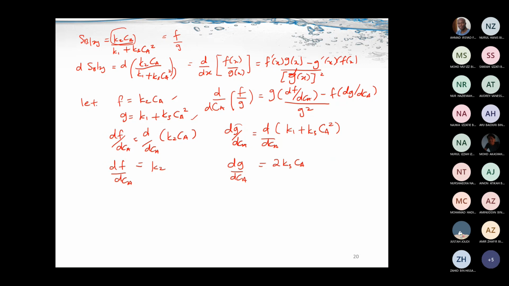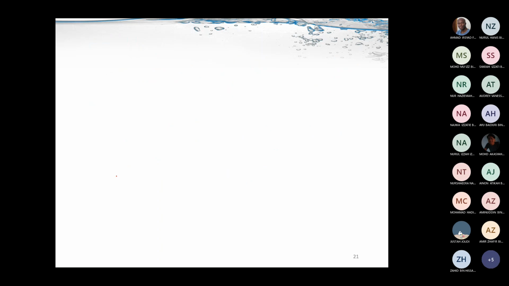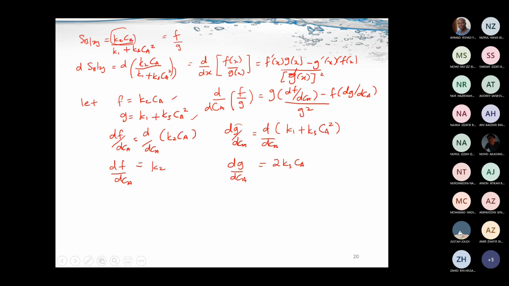Okay, so from there, substitute back into the equation. Maybe I can write it at the side, but I don't have enough space, never mind. So we have D over DCA of the selectivity, which is K2CA over K1 plus K3CA squared, is equal to, substitute back here. What is G? G is this one, so K1 plus K3CA squared multiplied by DF over DCA.